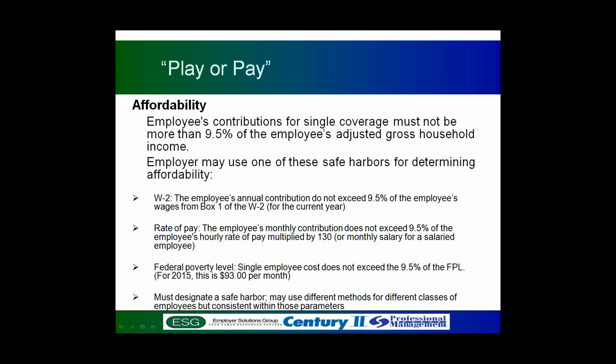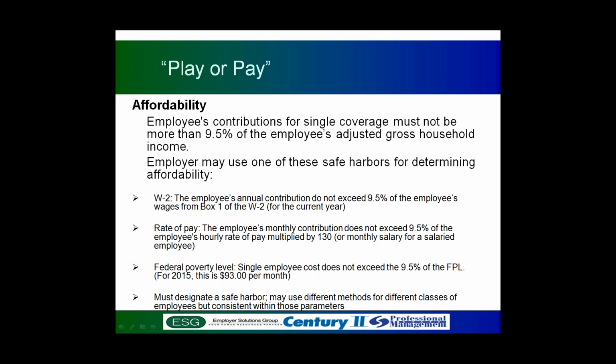Another method is that the employee's contribution can't exceed 9.5% times their hourly rate multiplied by 130. The 130 hours is an equivalent for a 30-hour employee, the number of hours they would work each month. So that's another method for calculating affordability.